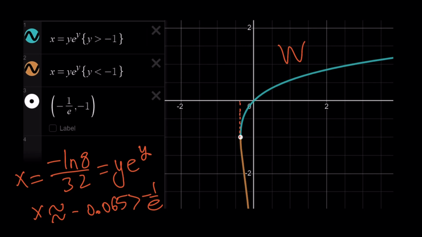And if your x value is between negative 1 over e and 0, any vertical line that you draw is going to intersect our function at 2 points, which means there's going to be 2 solutions on that interval. But if your x value is greater than 0 or less than negative 1 over e, then you should be fine. Well, actually, you don't even have a definition for less than that. But anyways, let's just say you have something greater than 0 like this, then you're going to have a single intersection point. That's why we do have 2 solutions.